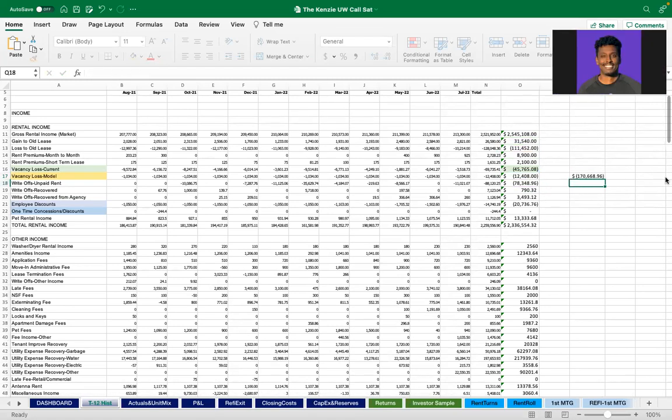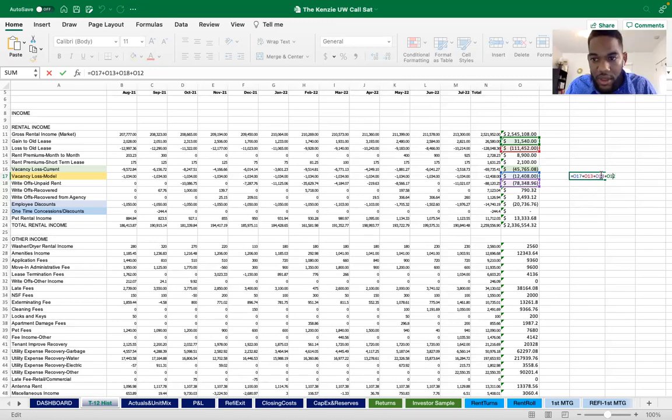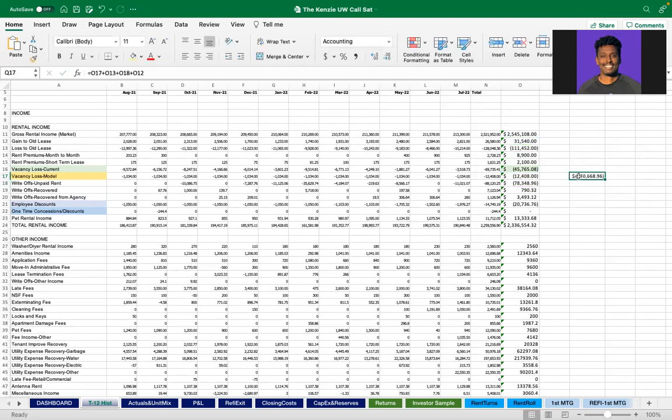And does bad debt just refer to people who are not paying? Because it says line 18 is unpaid rent. Or what is bad debt? I don't really have the detailed explanation for you today. Sorry, I'm just trying to get through this for Charles.